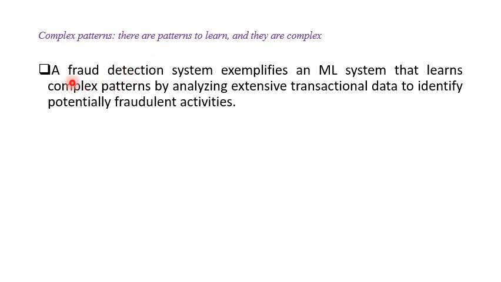A well-known example is fraud detection. A fraud detection system exemplifies an ML system that learns complex patterns by analyzing extensive transactional data to identify potentially fraudulent activities. In fraud detection, patterns are frequently changing.